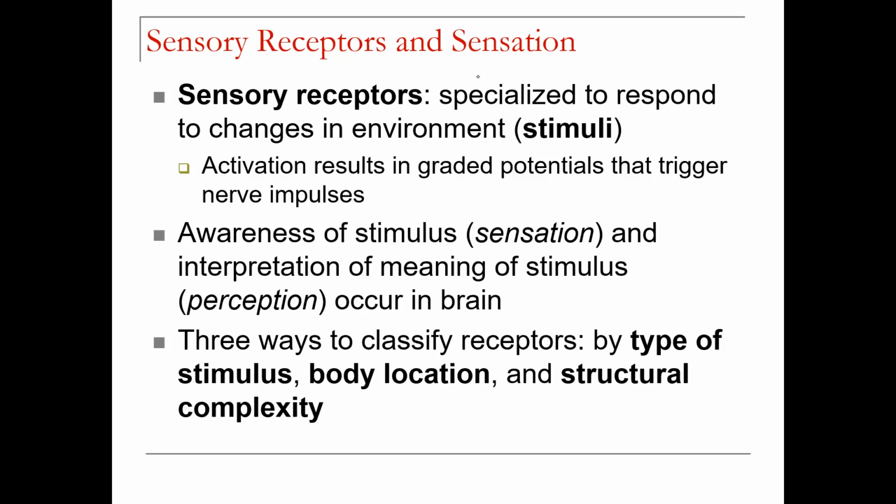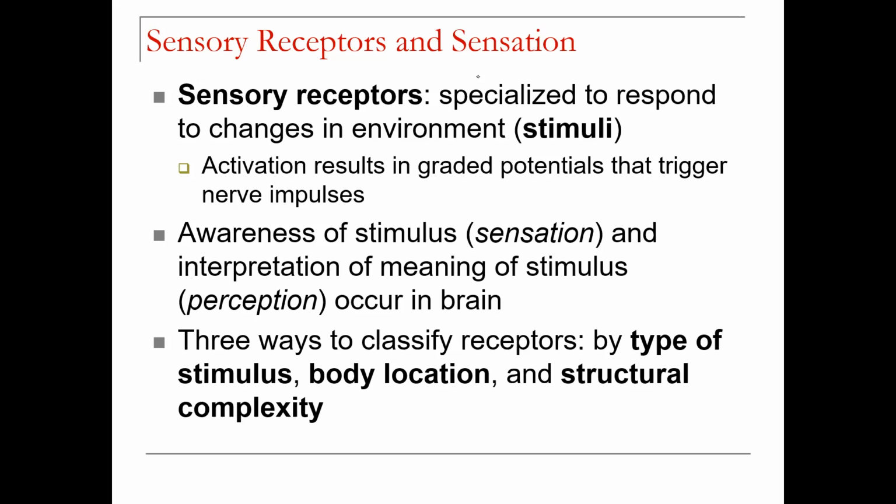When you put your finger down on something hot and it hurts, to get to that sensation of pain, the temperature receptors in your finger first had to be stimulated and create a graded potential.